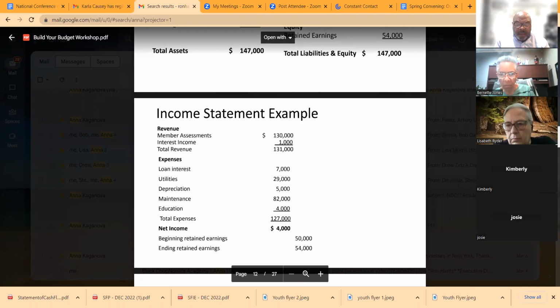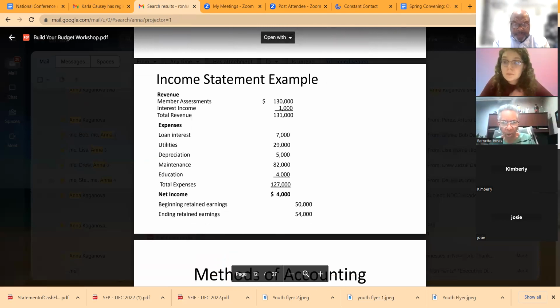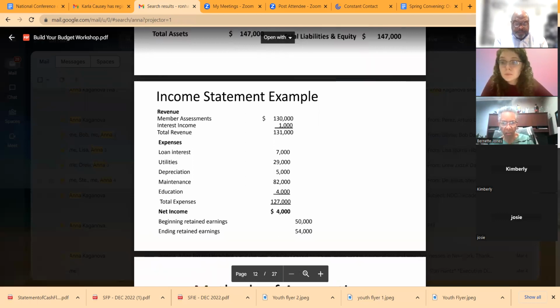Not all assets are depreciable, but usually office equipment, furnishings, and vehicles are. You're writing it off over a period, every year, a certain amount, until it's fully depreciated.